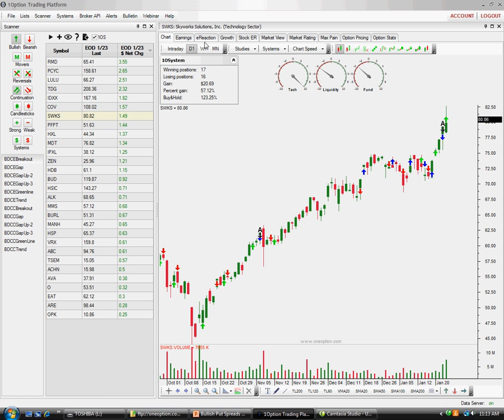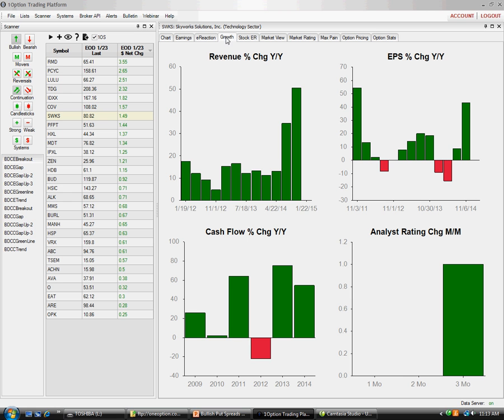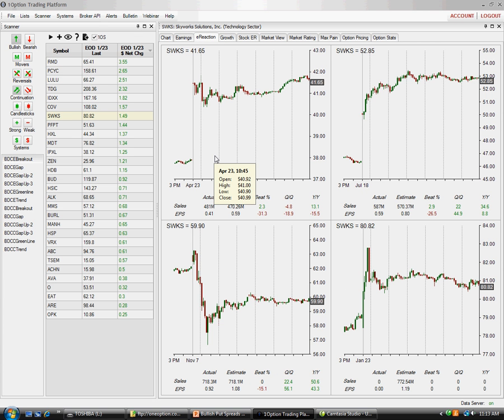So I am going to take a look. I do want to see, well, holy cow, that's why it's up so much. Look at the earnings growth rate, revenue growth rate year over year was at 50%. Okay, we could take a look at this chart called E reaction here, and we can also see what the stock did after earnings.